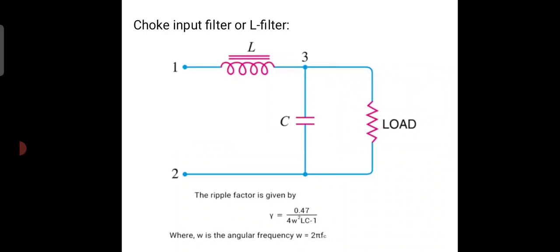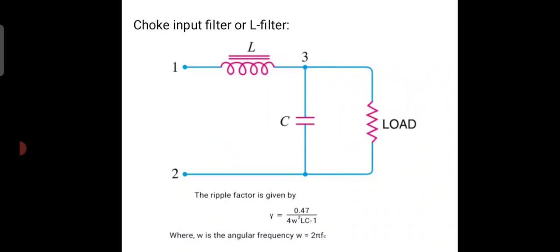At the terminal 3, or at the point 3, the rectifier output contains a DC component and the remaining AC component, which has managed to pass through the choke. Now the low resistance of a filter capacitor bypasses the AC component but opposes the DC component from flowing through it, therefore only the DC component will reach us.